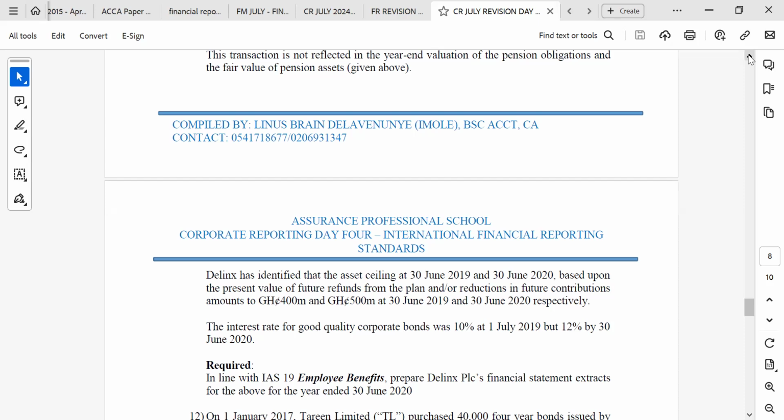There's always a 2 marks question for the explanation or identification of the standard. Write the English before we start with the calculation. I will still share the corporate reporting marking scheme with you, and you see how it ticks and how some of the questions are always answered.